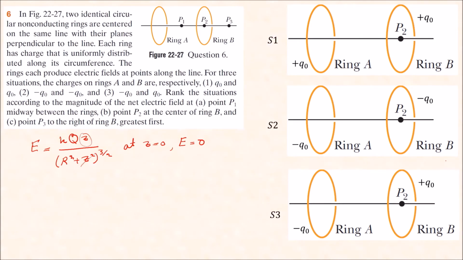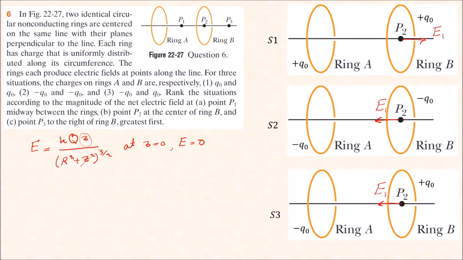And the electric field of the other one has a non-zero value. In this case, it is in that direction, this is E1. In this case, it is in that direction, E1. In this case, it is also in this direction, E1. And they are all the same distance, the same radius, and the same charge magnitude.